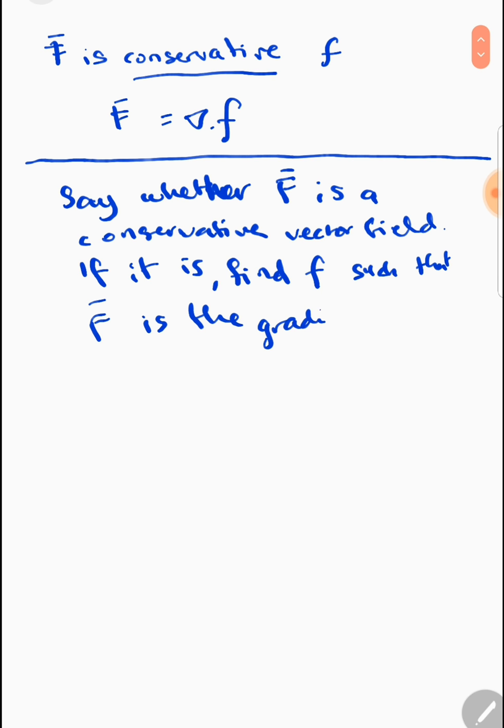This is a common question that you come across when it comes to this subtopic, or questions that require you to work with conservative vector fields.